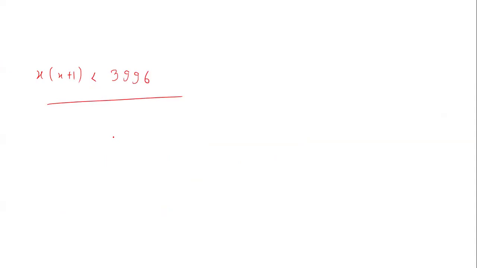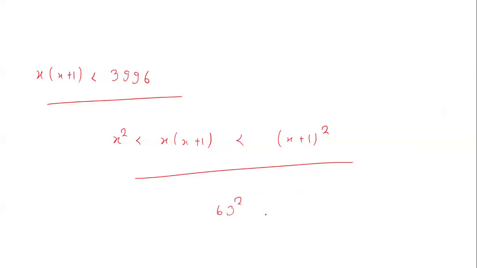Now we know x square is less than x times (x plus 1), and x times (x plus 1) is less than (x plus 1) whole square. So if you calculate 63 square and 64 square, then you get that 3996 is coming between them.